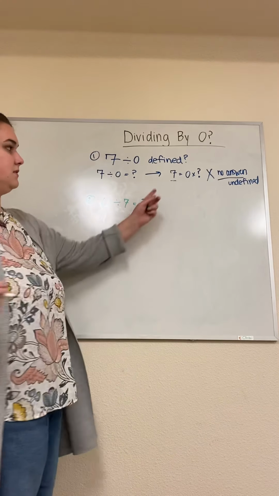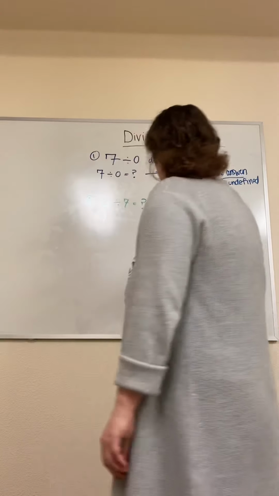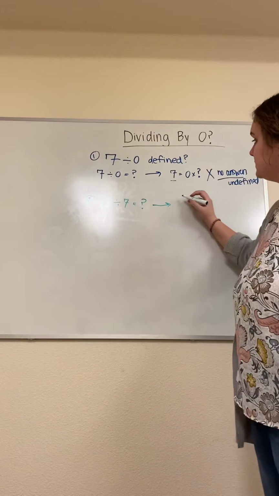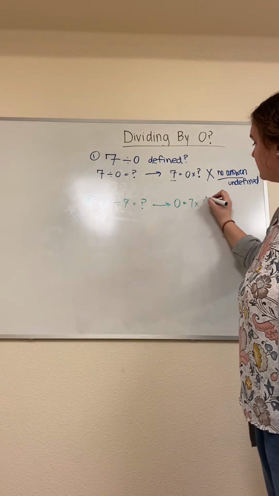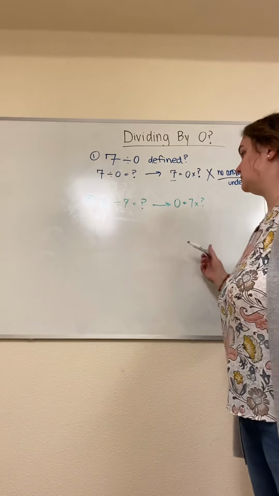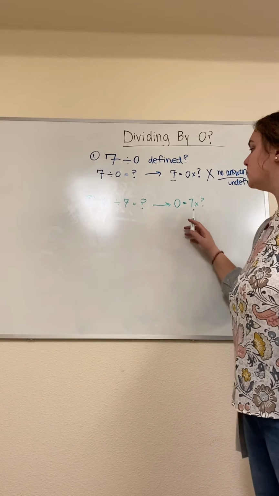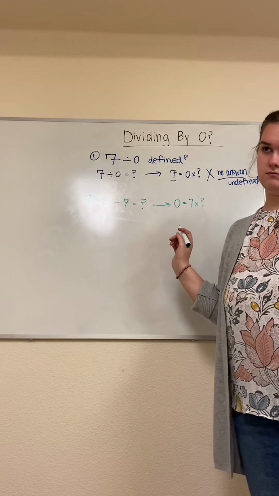We're going to do the exact same thing and move this into a missing addend problem, so we have 0 is equal to 7 times something. And when you think about what this means, we're trying to get to 0. What can we multiply 7 by to get to 0?